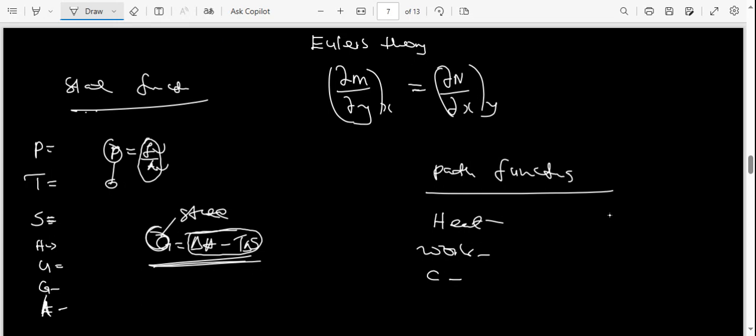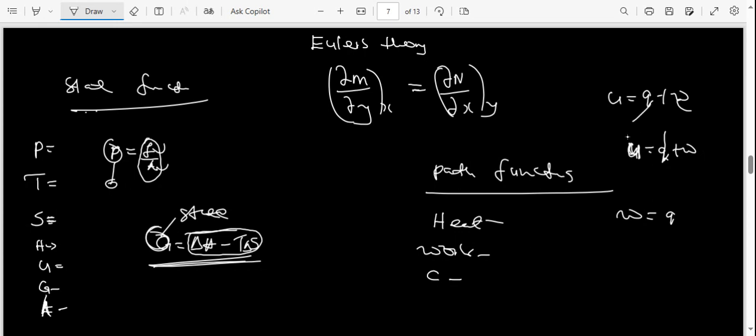Like for heat, let me give it for work or just heat. From the work formula, the change in internal energy is equal to heat plus work, like that. So you can see that from this formula, U is equal to Q plus W. This W is work, and that's the reason why we're saying work is a path function.